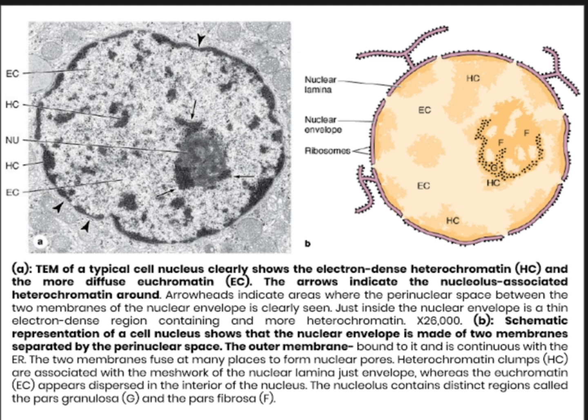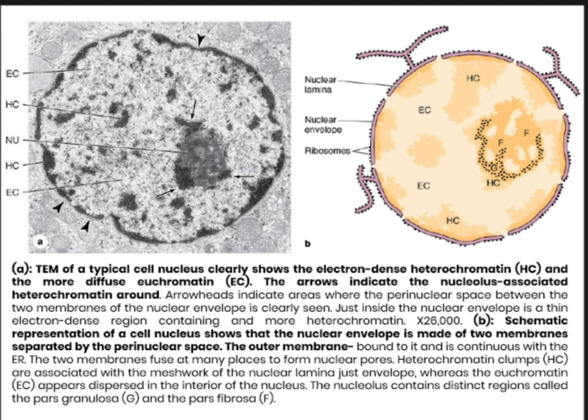It represents the tightly packed DNA, and it is usually found near the nuclear envelope and the nucleolus. It is generally less active in gene expression. On the other hand, the euchromatin appears lighter and more diffuse. This indicates loosely packed DNA that is more active in gene expression.